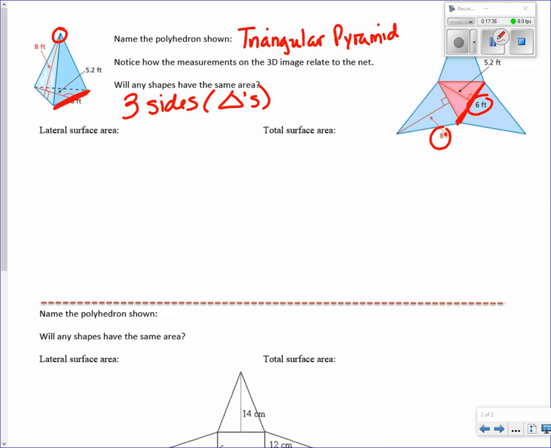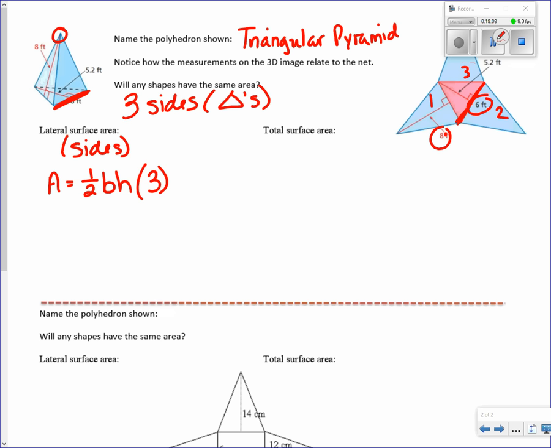So lateral surface area means just the sides. So I know that my sides are triangles, so area is going to equal 1/2 base times height. But because we are dealing with a triangular pyramid, to count how many sides I have, you count the sides of your base. So 1, 2, 3. So I'm going to add a times 3 because all of these sides are going to be the same in this example.